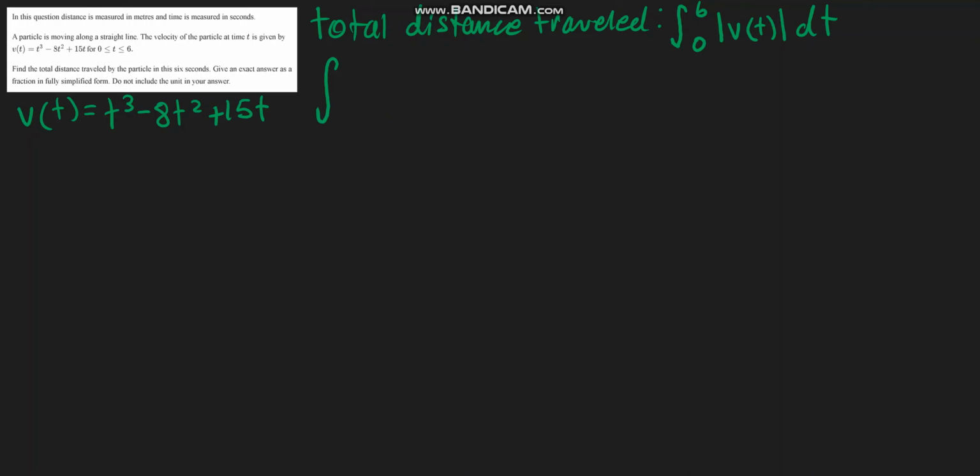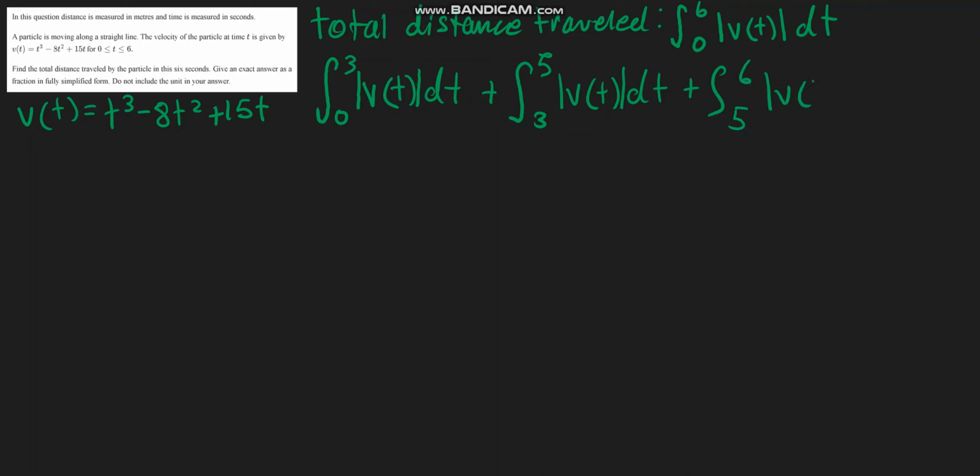the integral from 0 to 3 of v of t, plus the integral from 3 to 5 of the absolute value of v of t, plus the integral from 5 to 6 of the absolute value of v of t dt.